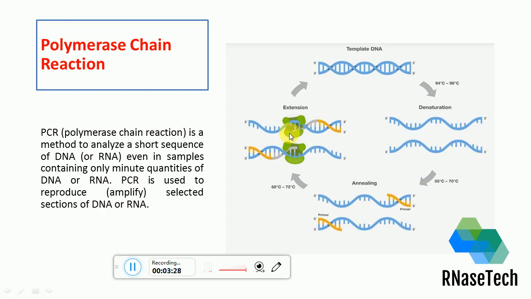Why is it called extension? Because initially it is only a single strand. Now the second strand is being synthesized by DNA polymerase and it is extending the template DNA strand to its full form. So this is a small summary of what PCR is.